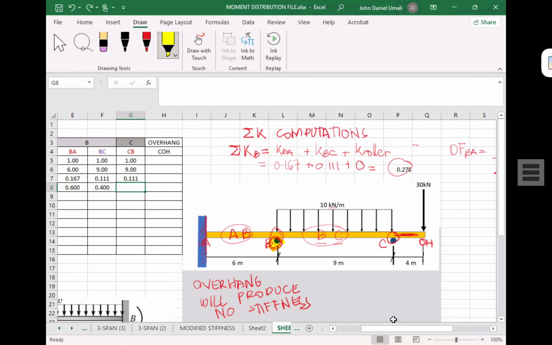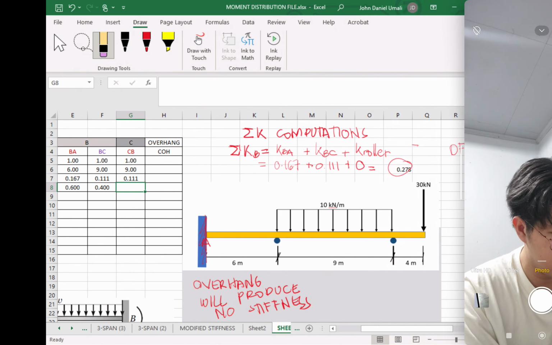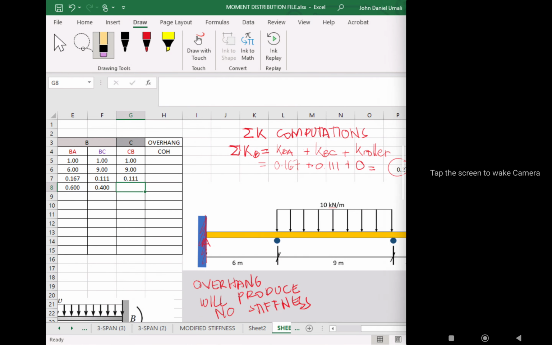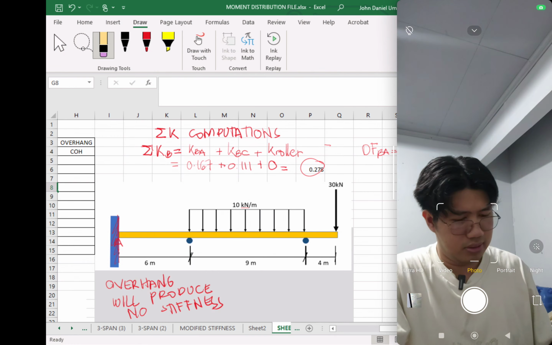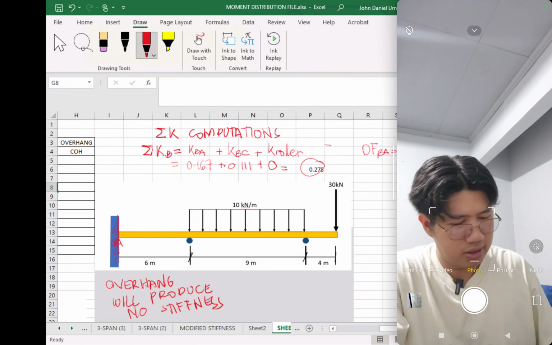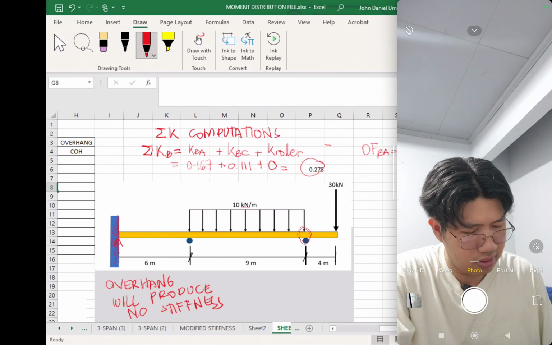we can see, I'll just clean up this drawing. As we can see, this part is a roller.